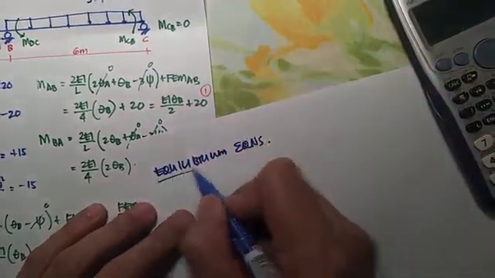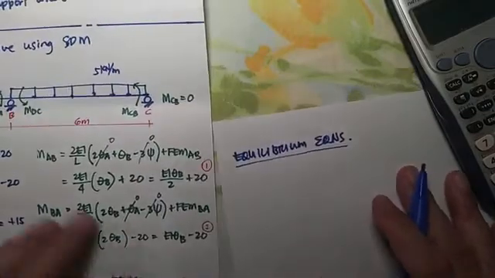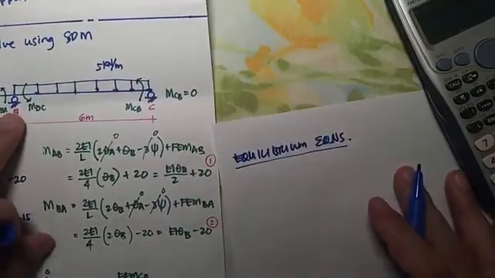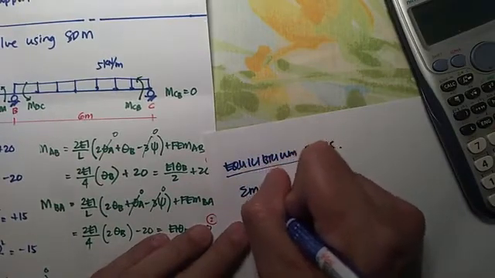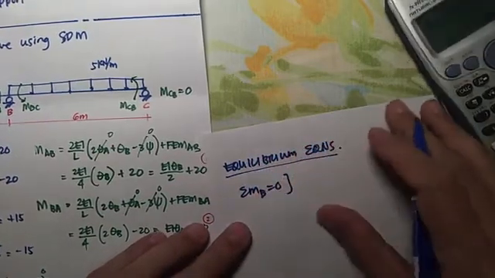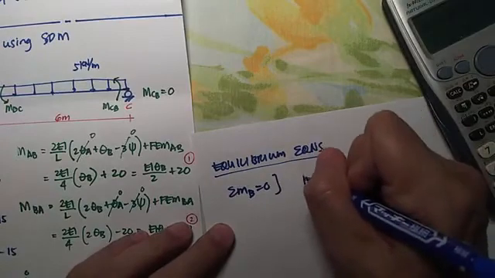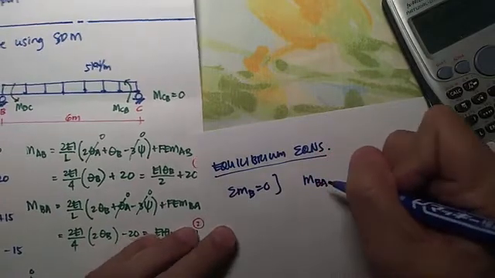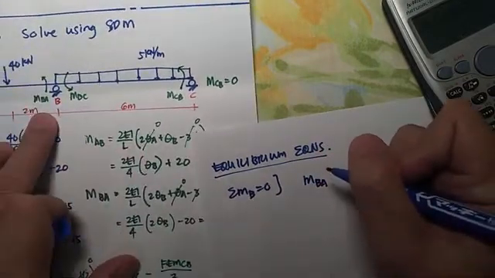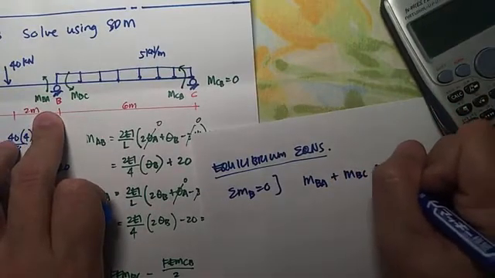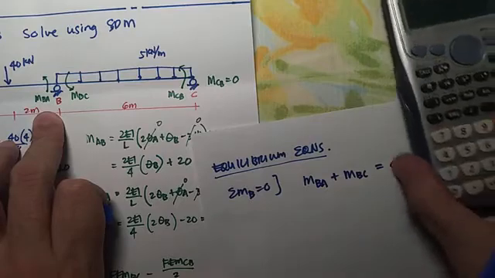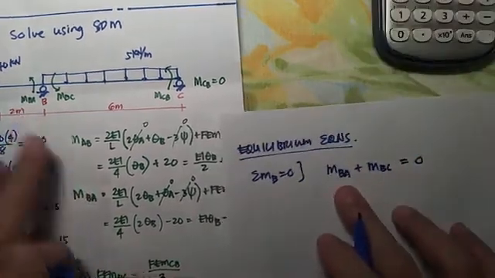Okay, so for the equilibrium equations, diba alam natin na the summation of moments at B should be equal to 0. So that means the moment on BA, when added to the moment on BC, the sum of these two should be 0. So what is MBA?